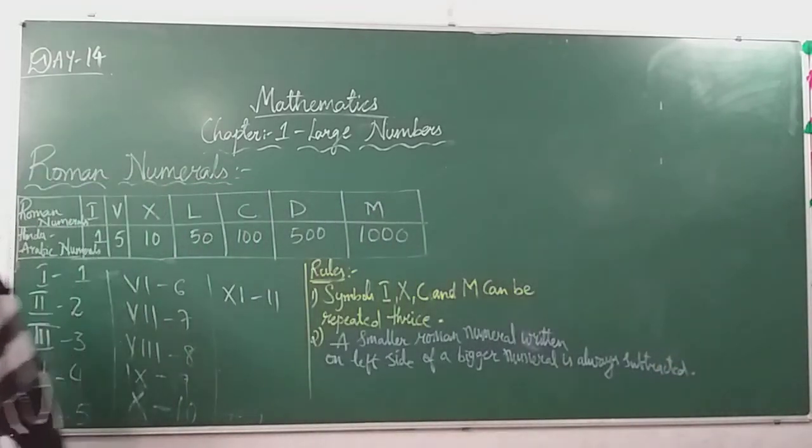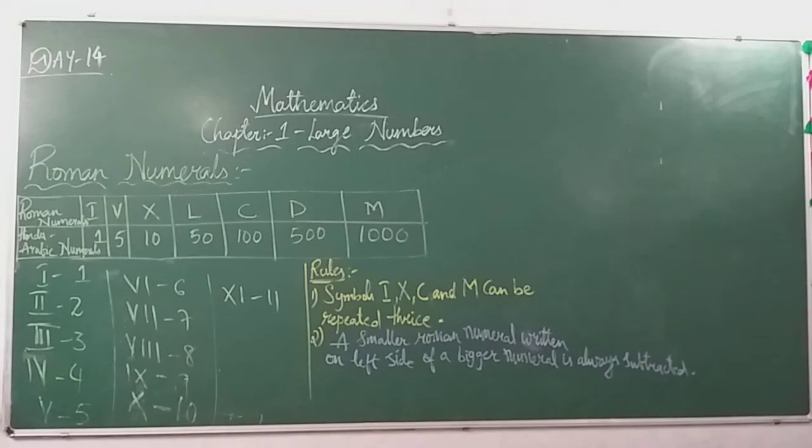A smaller Roman numeral written on left side of a bigger Roman numeral is always subtracted.